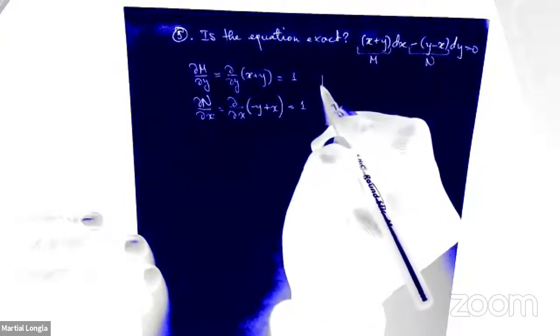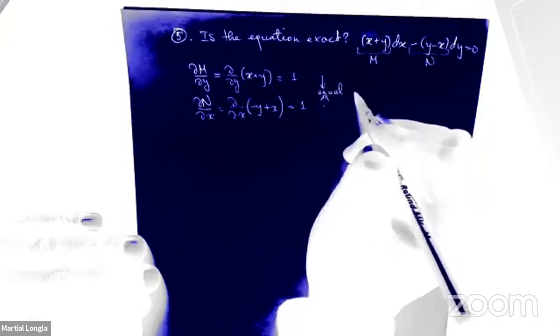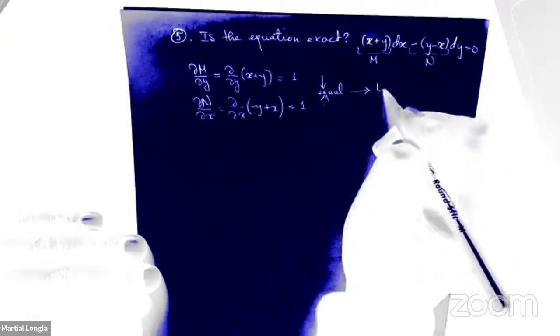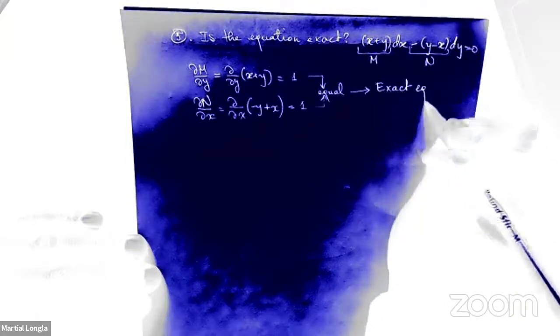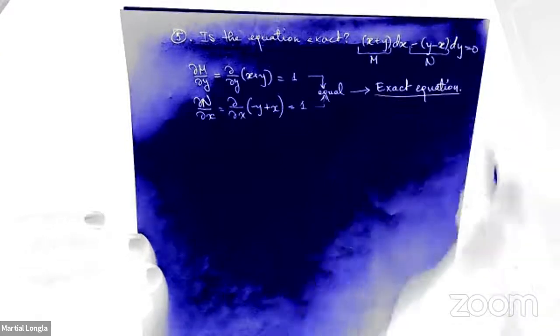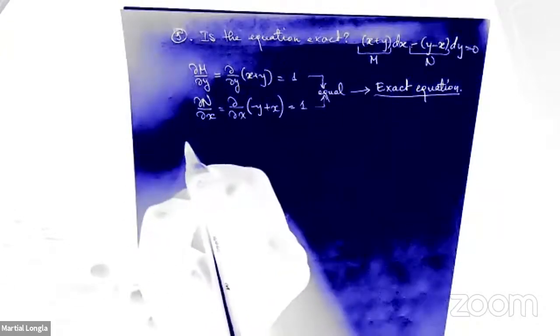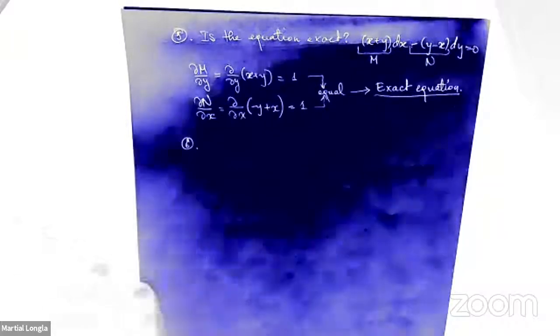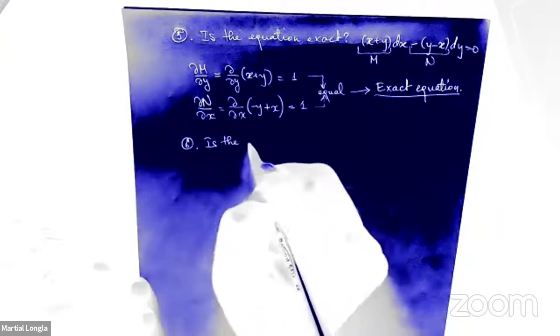And we can see that these two things are equal, and that implies that the equation is exact. That's it. That's all. Nothing else to do. No solving. All the question asked was, is it exact? Yes, we have established that it is exact. That's it. And the last one was, is the equation homogeneous?